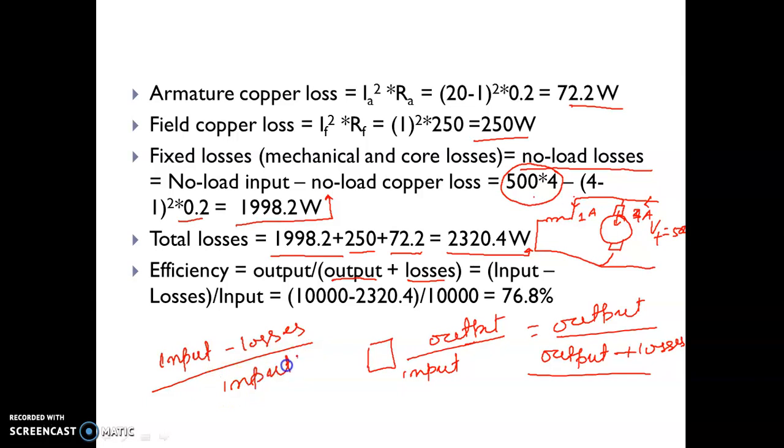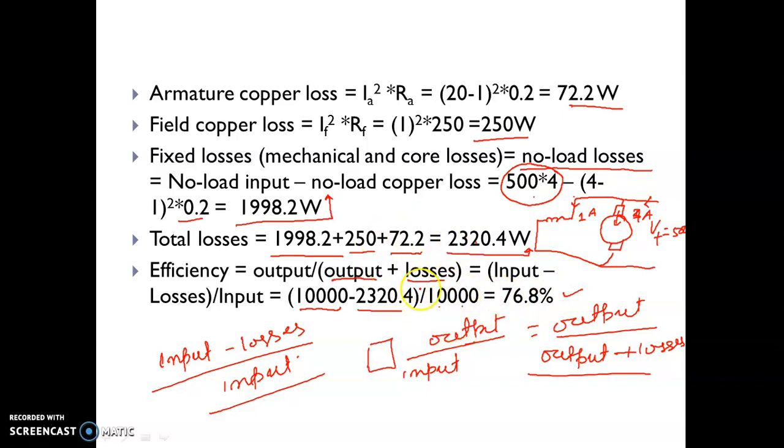Input minus losses equals output. Whatever loss is there, you just subtract that loss from the input and you will get the output. So input minus losses divided by input: input is this much, losses are this much, divided by input. So this is your efficiency.